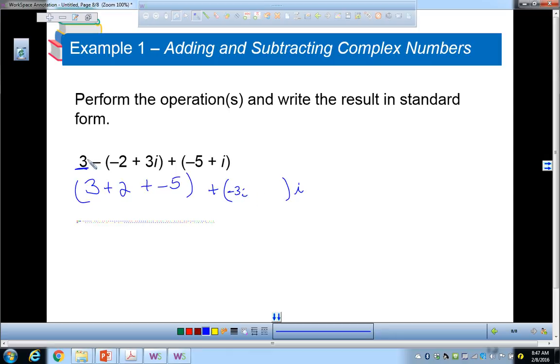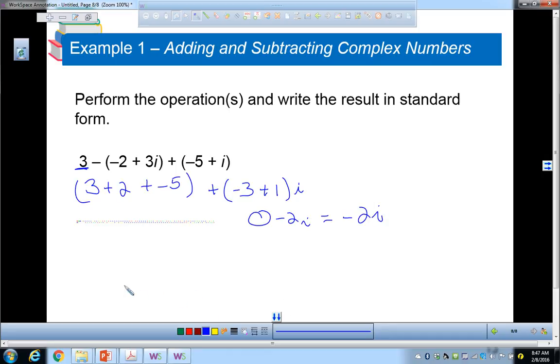Because you have to remember you have to distribute this negative sign. Sorry, it's negative 3i plus 1i, so negative 2i. And so altogether, I have 5 plus negative 5, I have 0, minus 2i, which can be written as negative 2i.